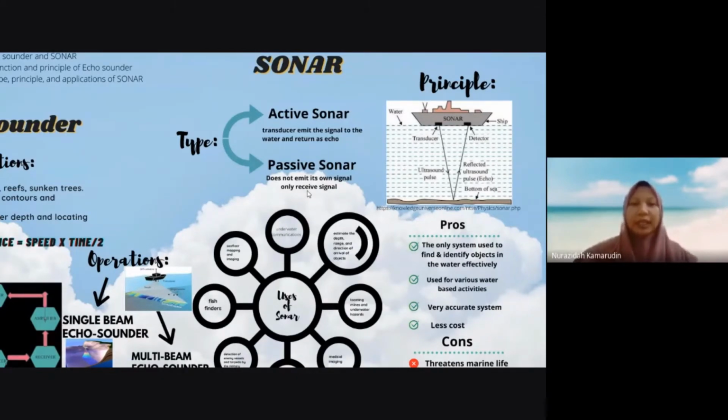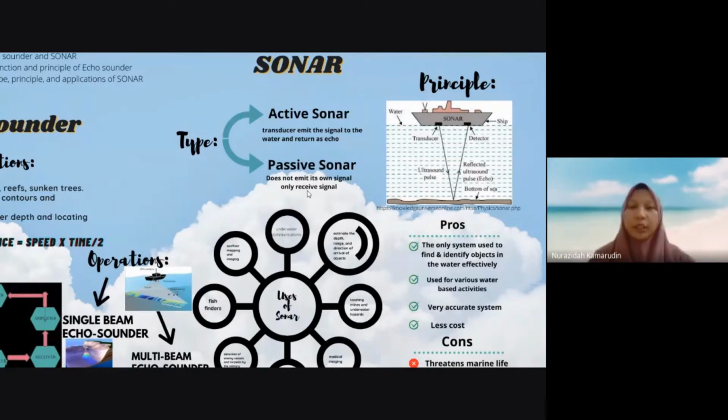Okay, the transducer in active sonar will emit the signal or the sound pulse into the water. If there is an object in the path of the sonar, the sound will bounce off the object and return as an echo to the sonar transducer.